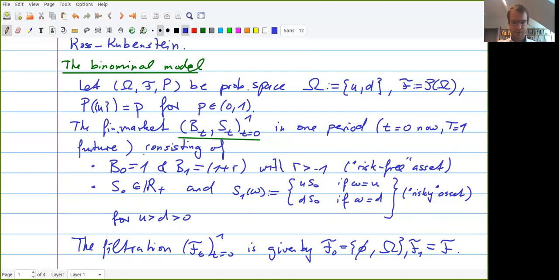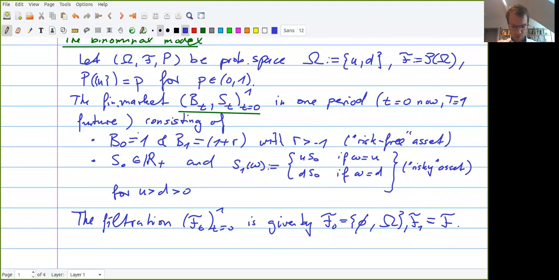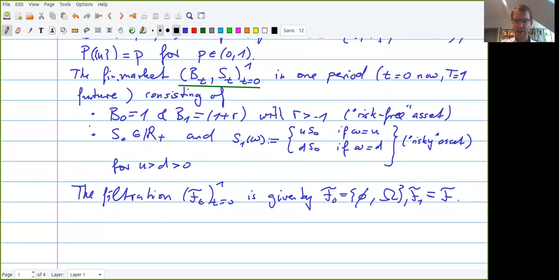Okay, so that's our model, and now we can come back to how the trading strategy looks like. We have introduced last time how we allow to trade on such a discrete time financial market, and we agreed that we want to trade in a predictable manner, and usually self-financing, right?